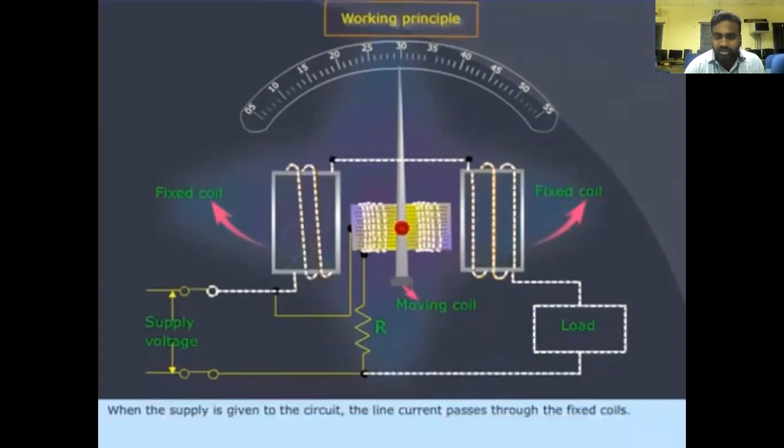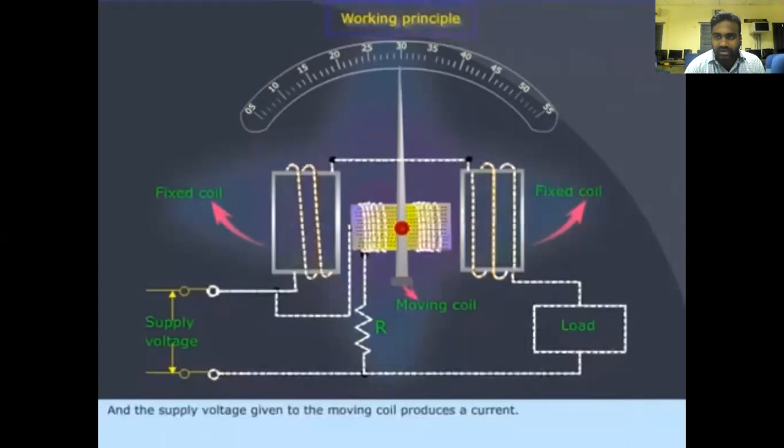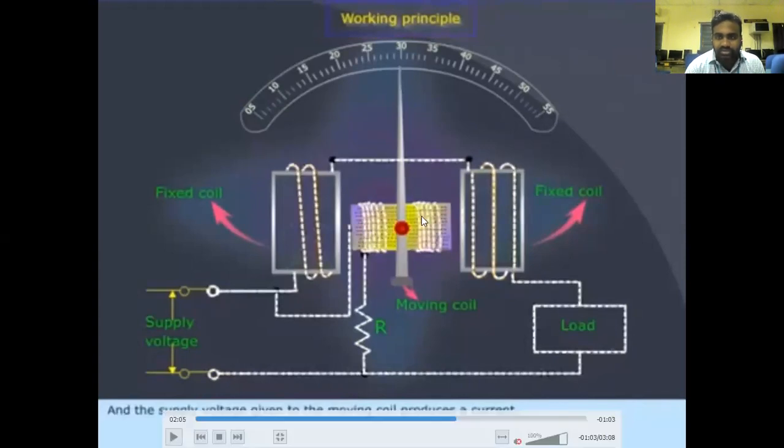That means a certain amount of line current is flowing through the fixed coil, and a certain amount of voltage is also applied to the moving coil. The supply voltage is applied across the moving coil, which also produces a certain amount of current.